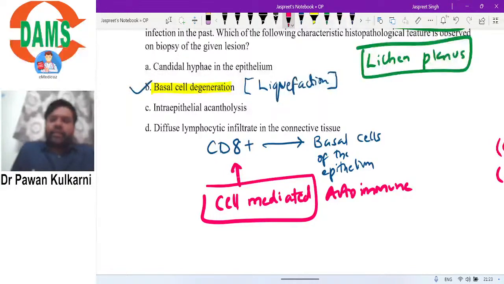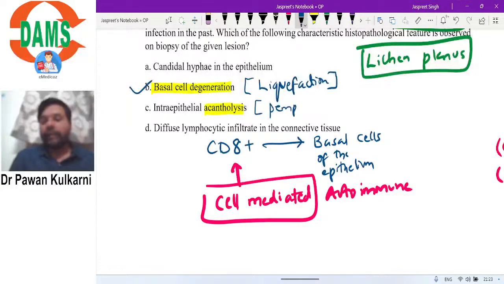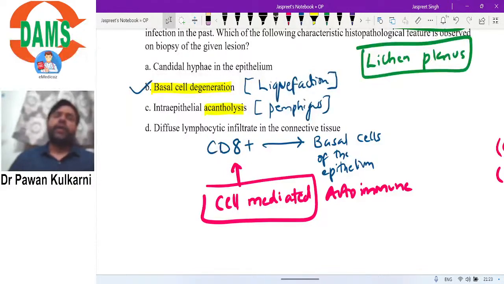See, this word acantholysis, whenever it comes, this is suggestive of pemphigus. Because in pemphigus, what happens? Desmosomes are destroyed, hence the cells will lose their attachment.